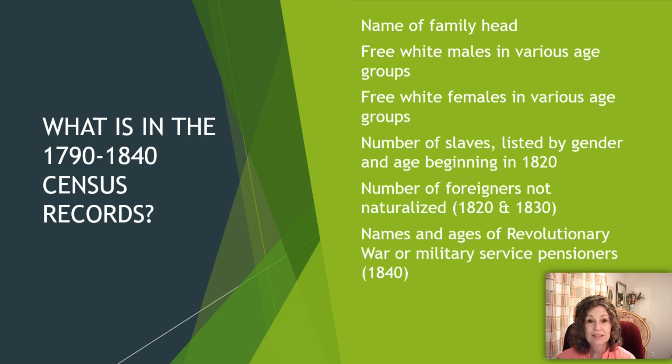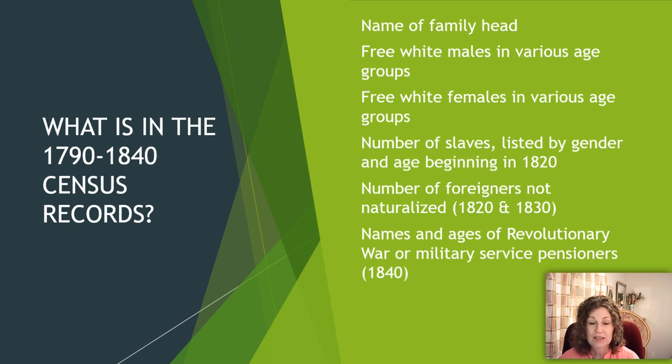The syllabus that I've provided for you has the specifics. So always be careful to see exactly what that year was taking down as the ages. And then we also have the grouping of free white females in those various age groups. And again, make sure that you're paying close attention to how they are divided.